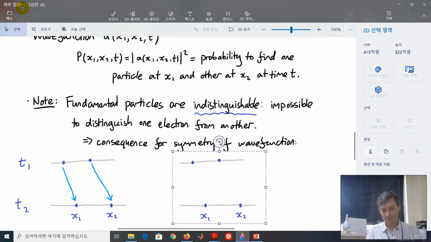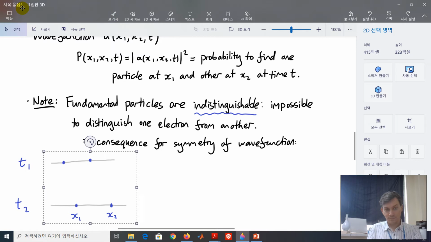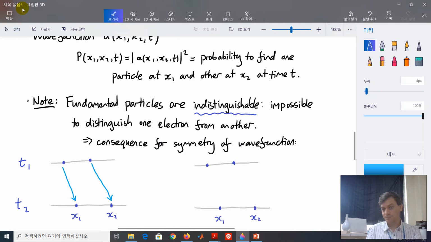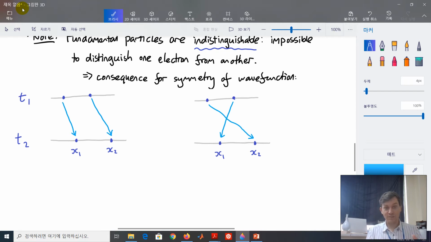But also, the first electron here could have moved like this, and the second electron here could have moved like that. But there's no way to tell the difference between these two cases. That's what it means by indistinguishable. There's no way you can tell whether the electrons evolved in the first way here or in the second way here, because there's no way to tell the difference between them.